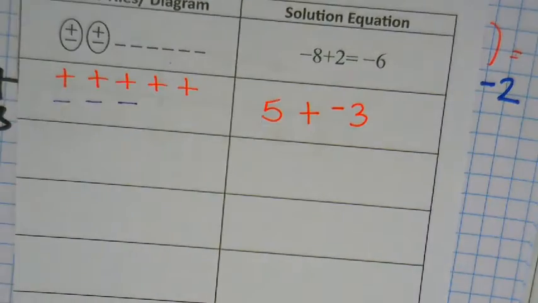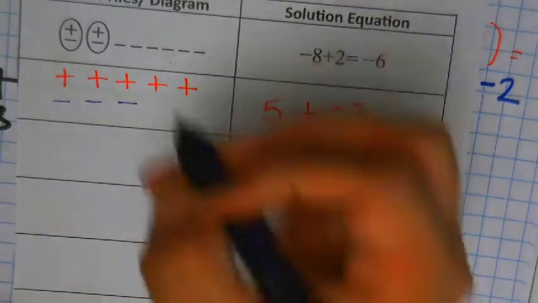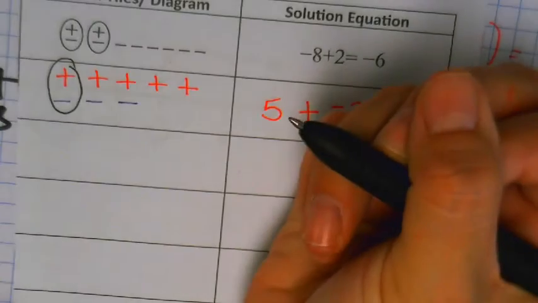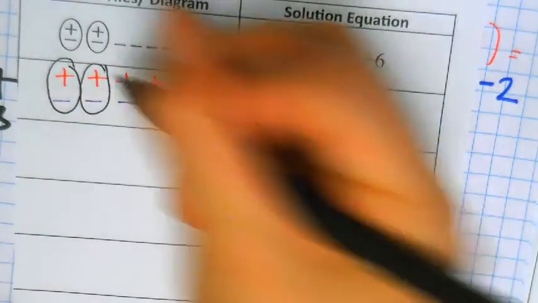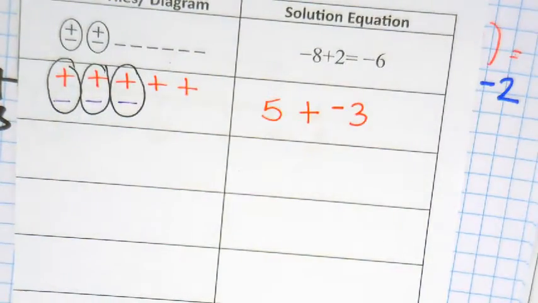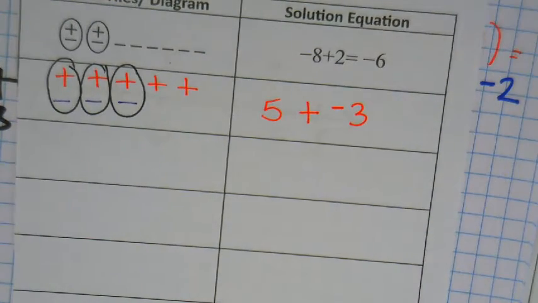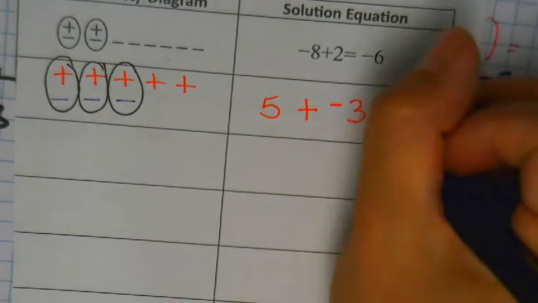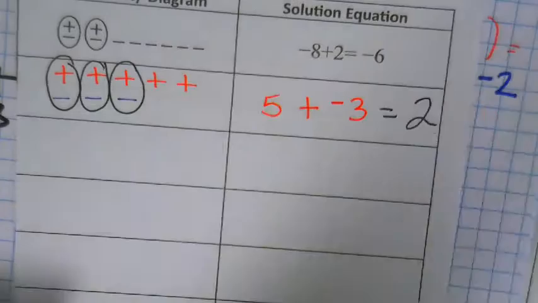Okay? Draw them out. Focus. 5 positives and 3 negatives. So now I circle my pairs. 0 pair, 0 pair, 0 pair. Whatever is not circled is your answer. What is not circled? 2 positives, right? So my answer is positive 2.